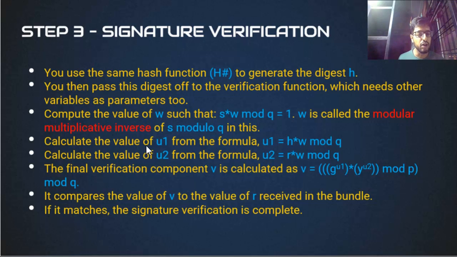Now we calculate u1 from the formula u1 is equal to h times w mod q. We also calculate u2 from the formula u2 is equal to r times w mod q. The final verification component v is calculated as (g power u1 times y power u2 mod p) whole mod q. This compares the value of v to the value of r received in the bundle. If it matches, the signature verification is complete.